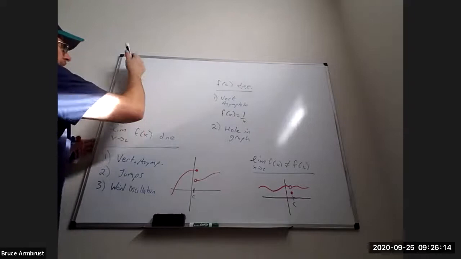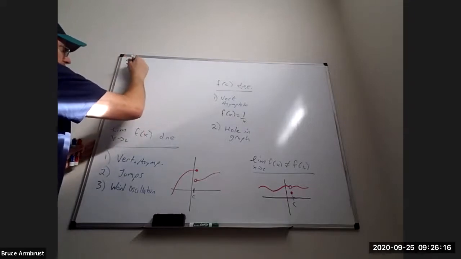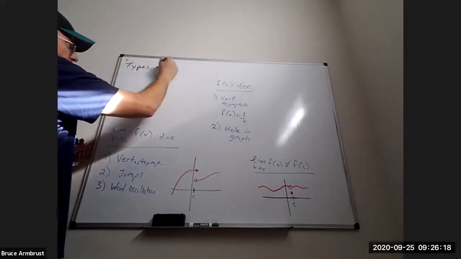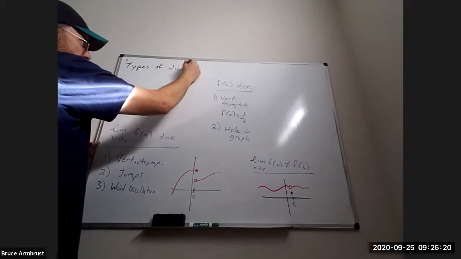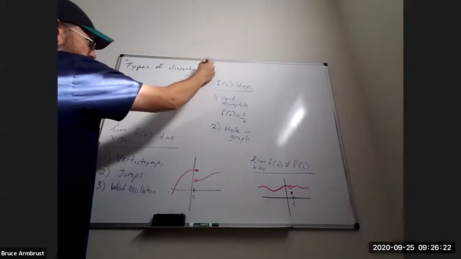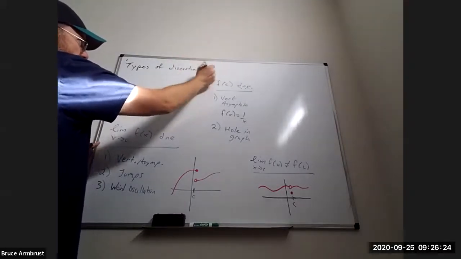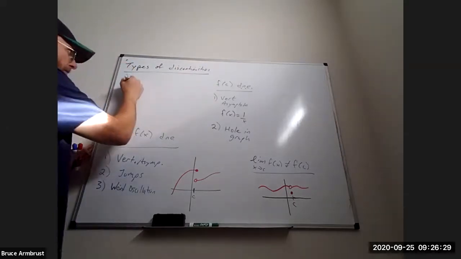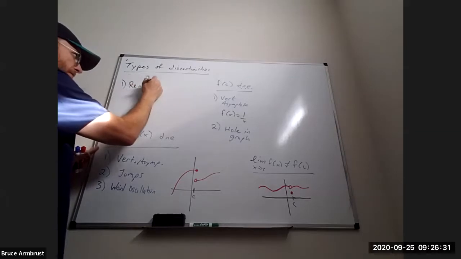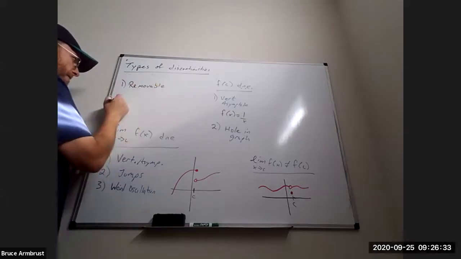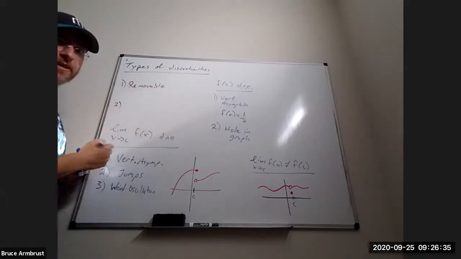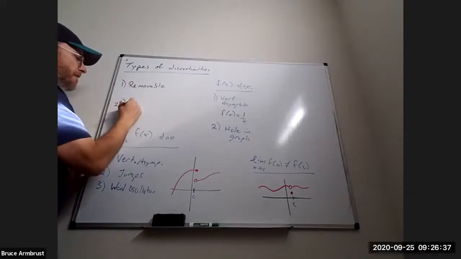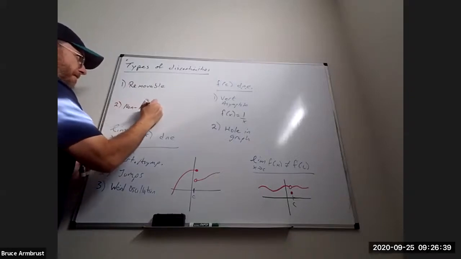And so I'm going to put here, types of discontinuities. We classify them in two groups: removable. And of course, if we have removable, the other one, non-removable.